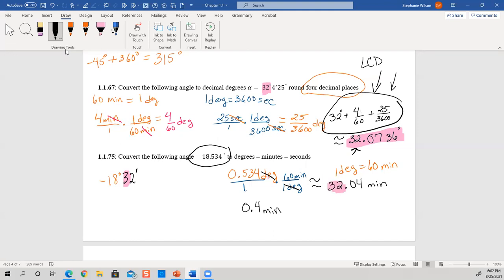Well, what do I know about minutes and seconds? We know that every 1 minute is 60 seconds. So I'm going to set this up and let's solve. I need the minutes to reduce and I need seconds on top. So it leaves me 0.04 times 60 seconds. And I get 2.4 seconds.